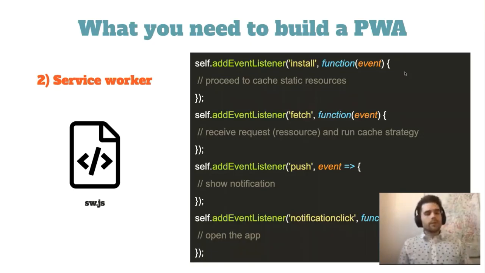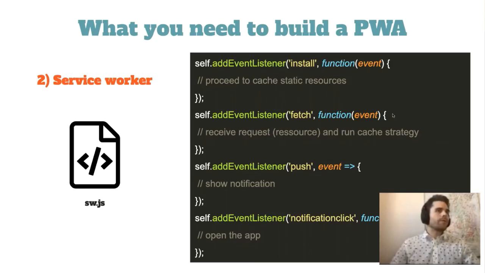And what you probably want to do in the service worker when a user installs your application is proceed to cache static resources, such as images, JavaScript, even an entire Apex page that you know needs to be there on the device of the user.